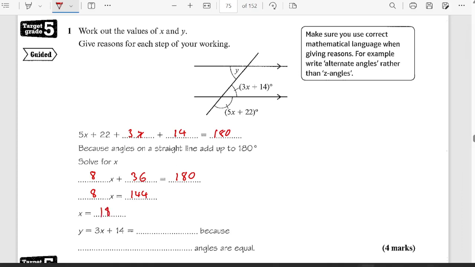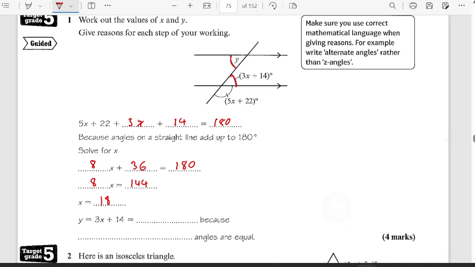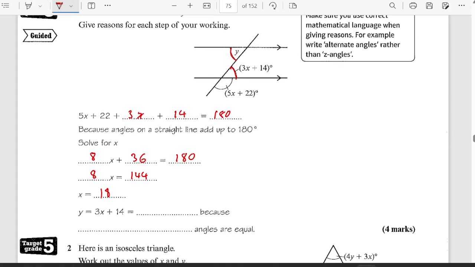Okay, and then the second part, y is equal to 3x plus 14, because I'm assuming that this is going a bit further. So solving here then, 3 times 18 is going to give me 54, plus 14, which is going to be equal to 68.